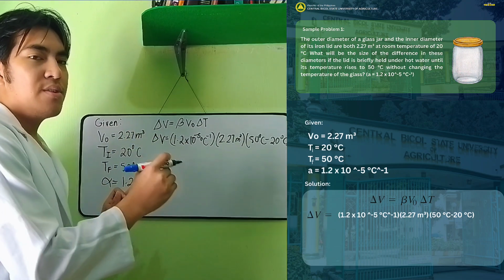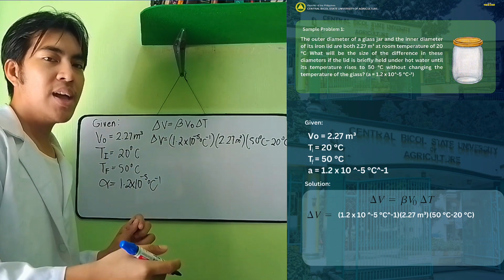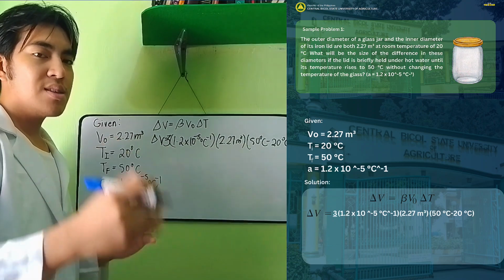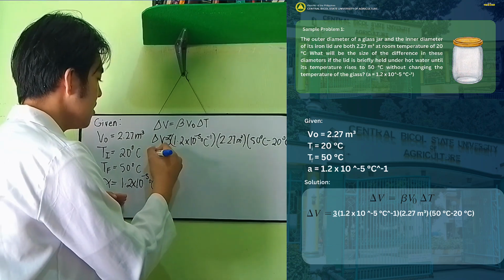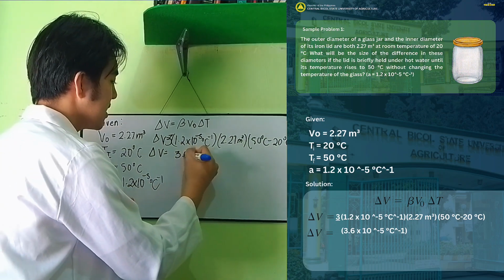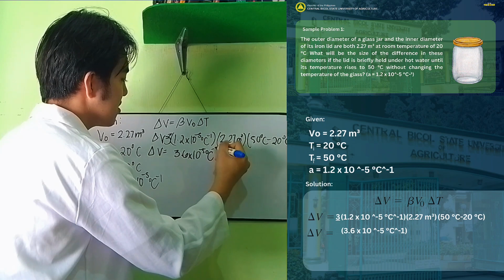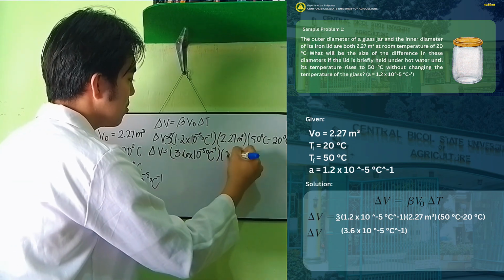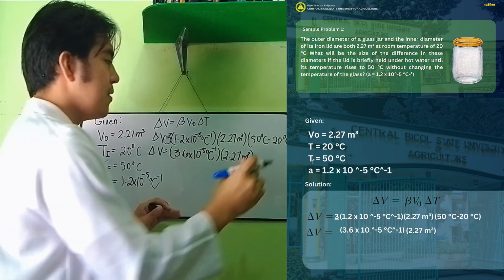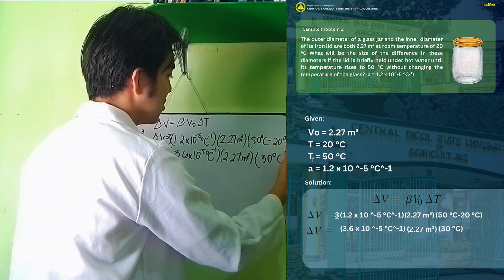So the alpha coefficient 1.2 times 10 raised to -5, we are going to multiply it by 3 in order to find the approximate beta coefficient. So change in volume is equal to 3.6 times 10 raised to -5 degrees Celsius raised to -1 multiplied by 2.27 cubic meters, and the difference of 50 minus 20 degrees Celsius, 30 degrees Celsius.